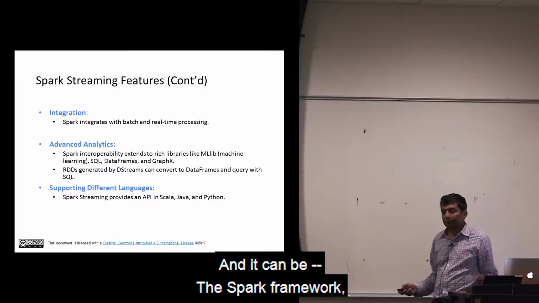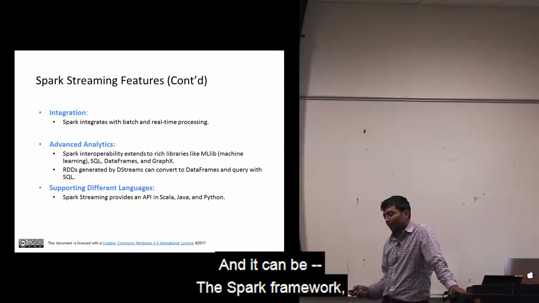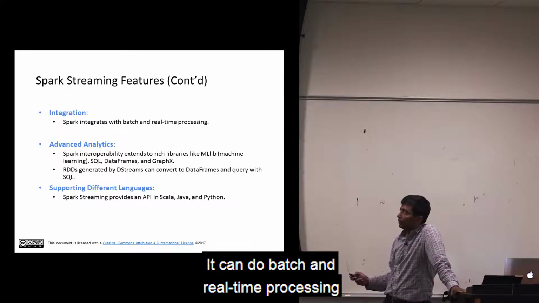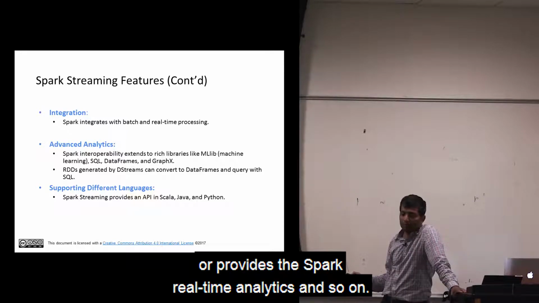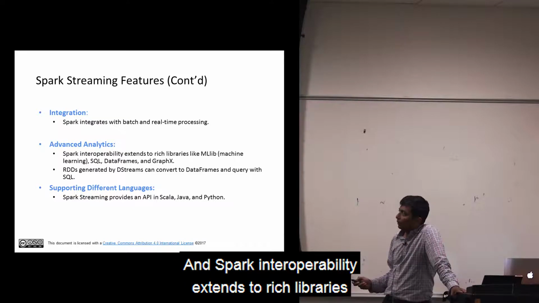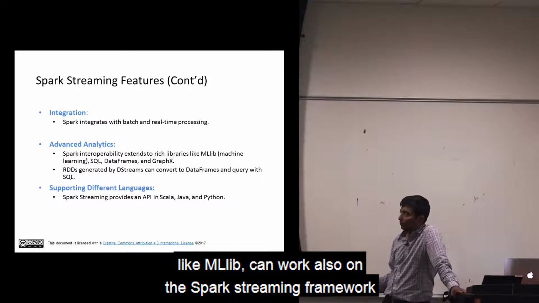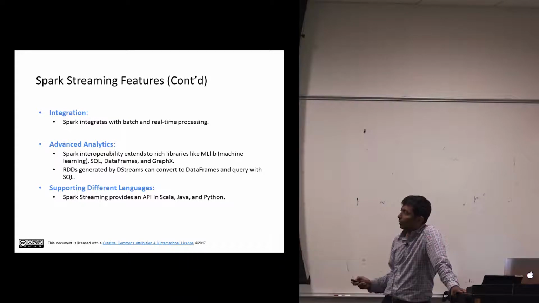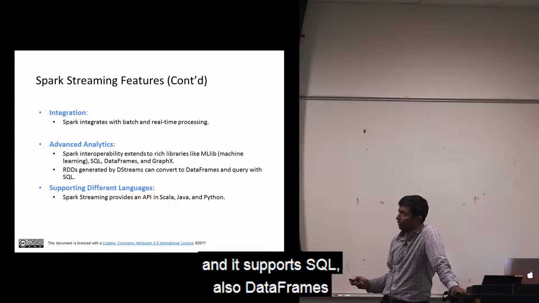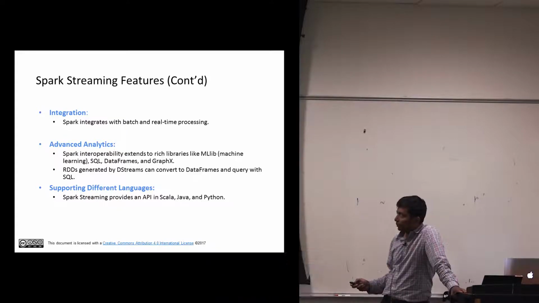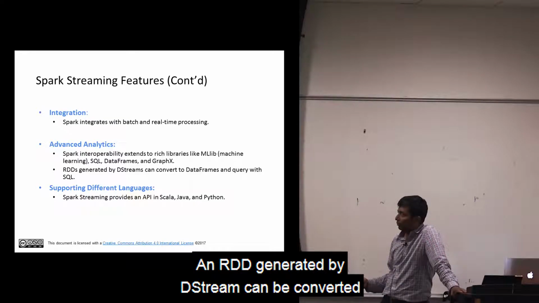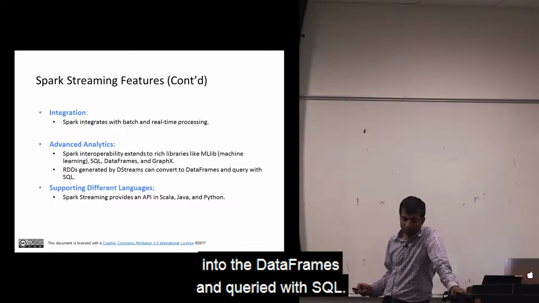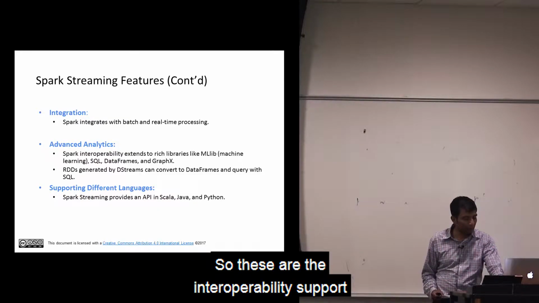The beauty of the Spark framework is it can do both batch and real-time processing, providing Spark real-time analytics and so on. Spark interoperability extends to rich libraries like MLlib, which can also work on the Spark streaming framework, and it supports SQL, data frames for the streaming data, and GraphX. RDDs generated by DStream can be converted into data frames and queried with SQL. So these are the interoperability supports you have.